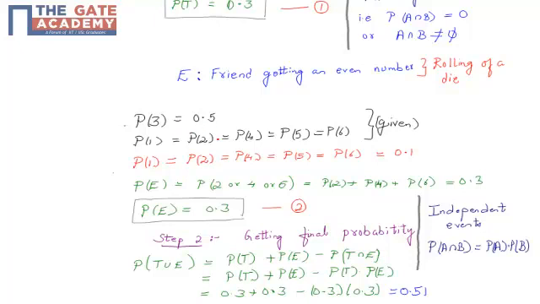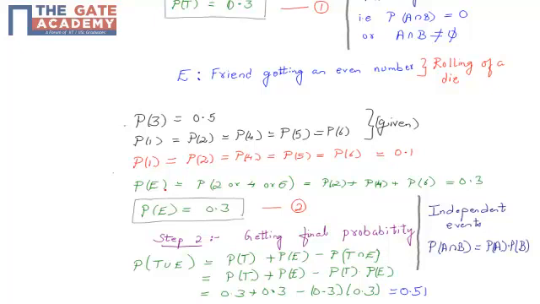Hence the summation of all these probabilities would give me 1, and the intersection between any 2 of these is 0, since they are mutually exclusive as well. So my probability of 1 would be equal to probability of 2 would be equal to probability of 4 would be equal to probability of 5, which would be equal to probability of 6, which is indeed equal to 0.1.